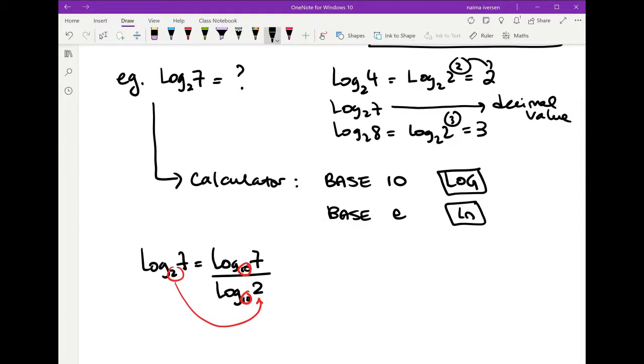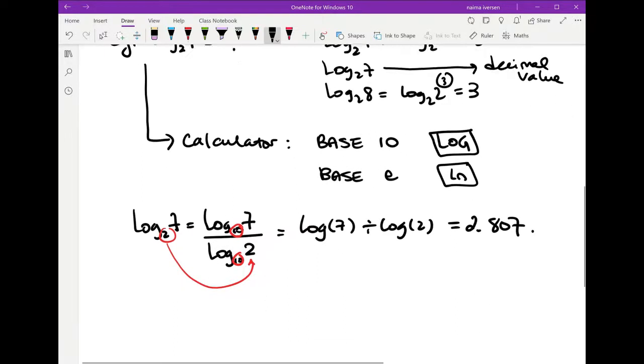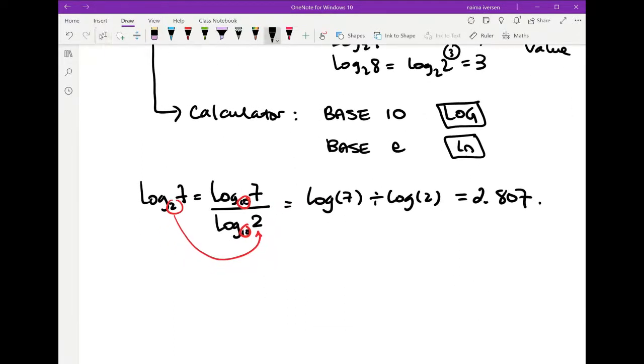So really in my calculator what I would do is I would enter log 7 divided by log 2 and I would get this decimal value. So just checking it out, log 7 divided by log 2 on my calculator, I would get that equal to 2.807. What that really means is that if I'm evaluating log base 2 of 7, this means that I've got log base 2 of 2 to the power of 2.807 approximately, which equals 2.807.